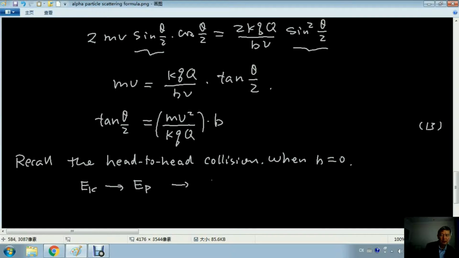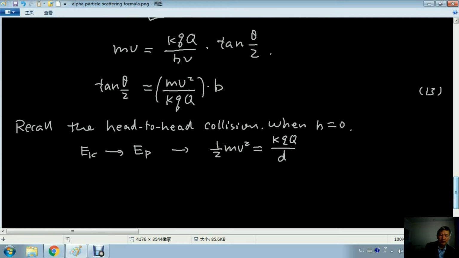So half mv square will equal the minimum distance between the two nuclei times k times q and capital Q. So we can simplify the expression. Therefore mv square divided by kqQ will simply equal 1 over d, that is 2 over d. So this is our equation 14.